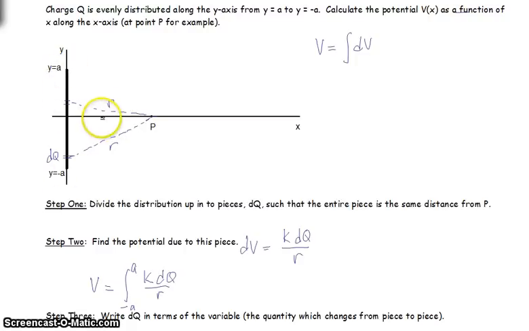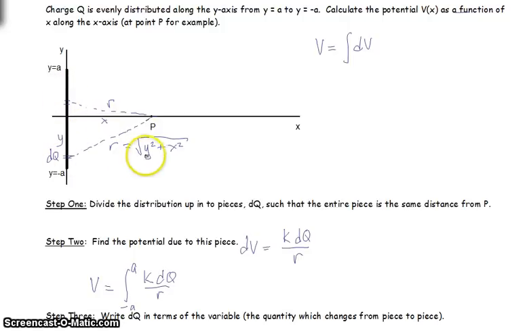I'm going to call this distance from the origin out to P x, and therefore r is actually the square root of y squared plus x squared, where y is the position along the vertical axis of every individual slice dq.